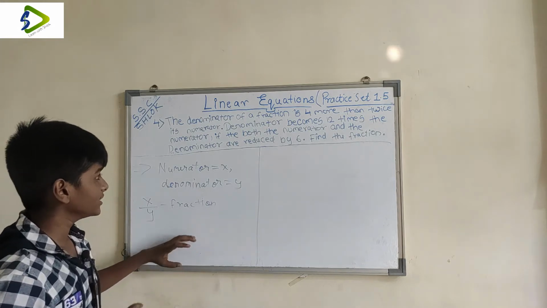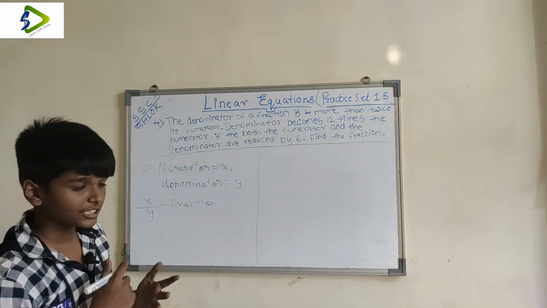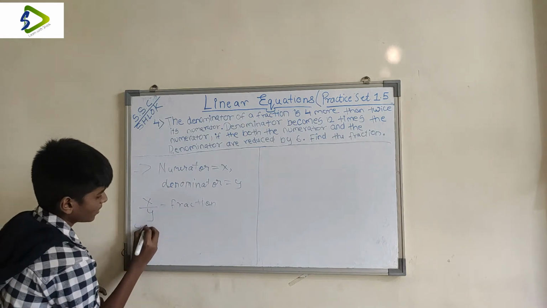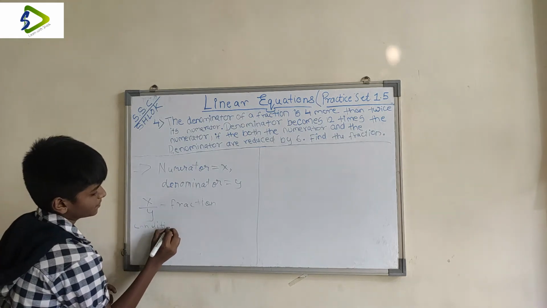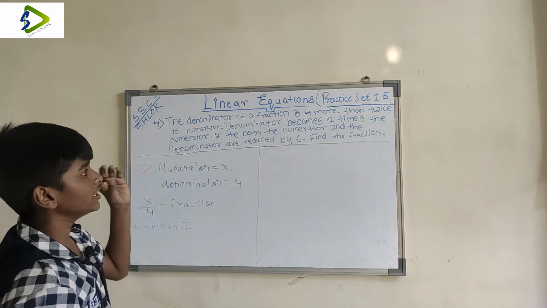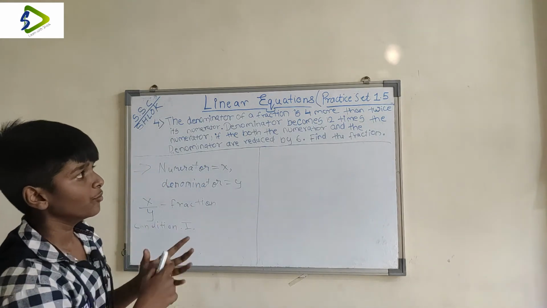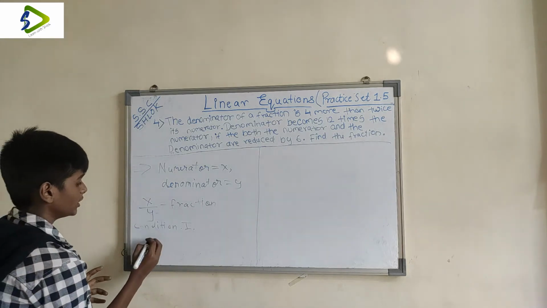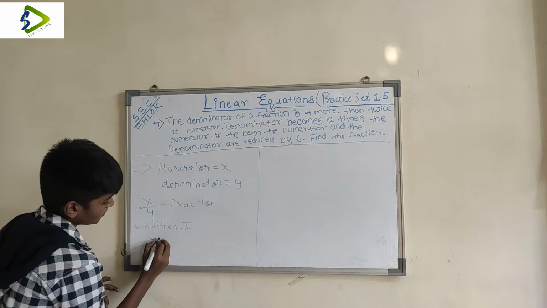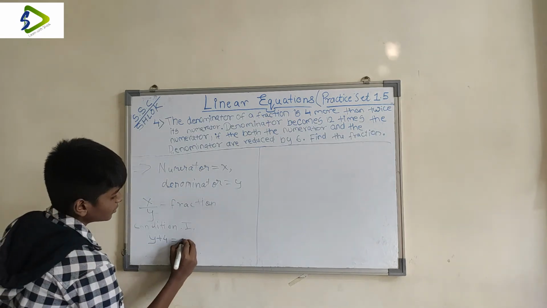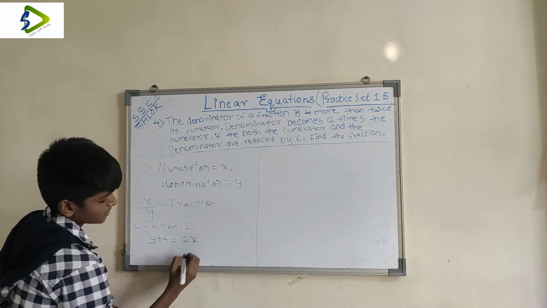To find this fraction, they have given some clues or conditions. So first we have condition number 1: the denominator of a fraction is 4 more than twice its numerator. The denominator is y, so y is 4 more, that is, y plus 4 is equal to 2x.